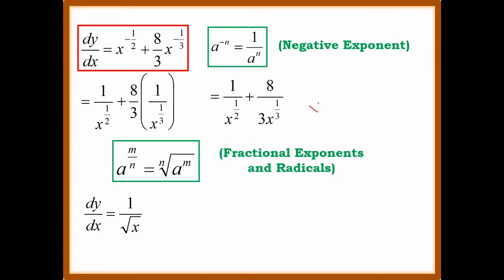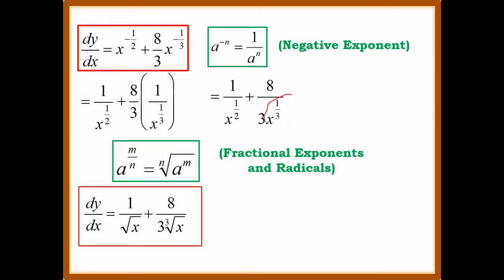This is x raised to 1, and the root, the denominator, is 3, so this is the cube root of x raised to 1, or cube root of x. This part we simplified into this manner. This is another way to represent your answer in radical form.